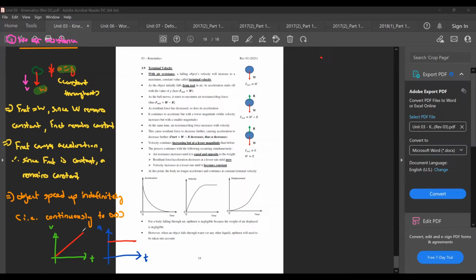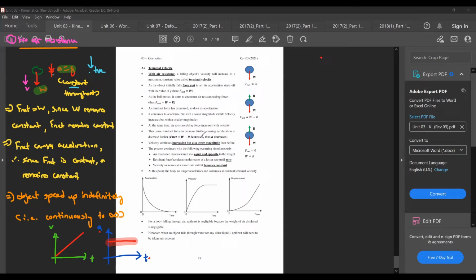Now, how do you know that the acceleration time graph would be a constant horizontal line that is positive? It's something to do with your sign convention again, because your sign convention is downwards positive, because your initial motion is downwards. So I can say that downwards is positive. My acceleration is downwards, so with respect to my sign convention, it will be positive. And because I already say it's constant throughout, the acceleration is constant and positive.